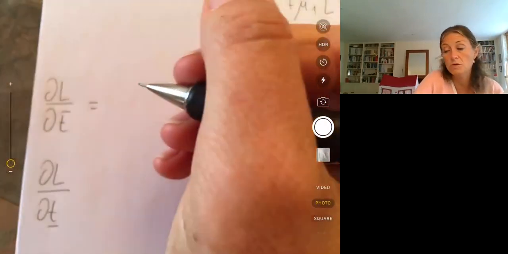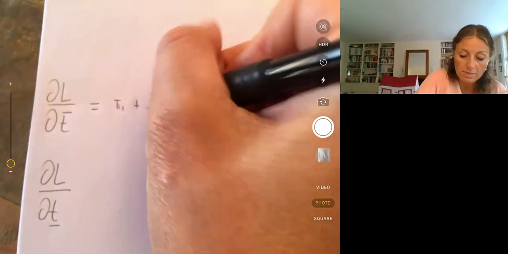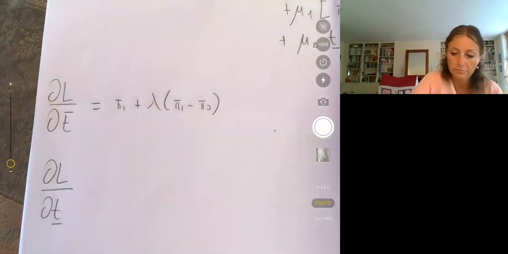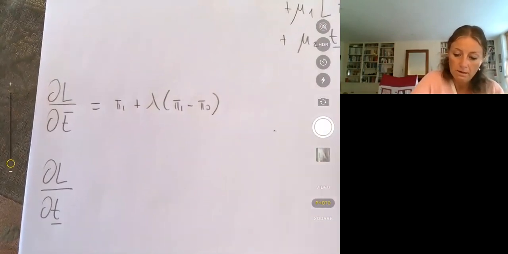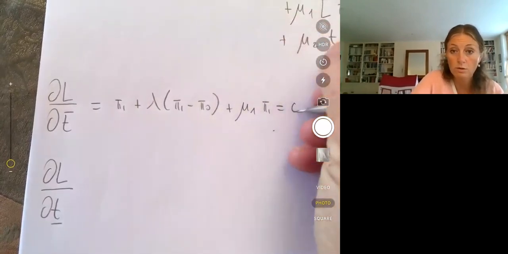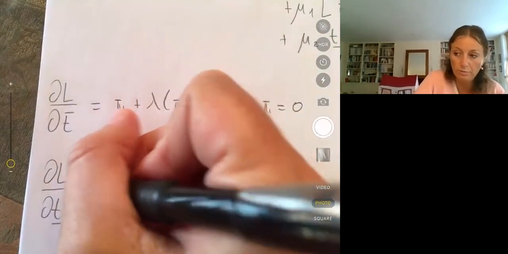And what will we get? We will get minus pi 1 plus lambda pi 1 minus pi naught, here and there, plus mu1 pi 1 equal to 0. And we do exactly the same for T lower bar.